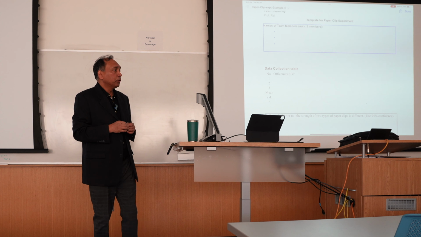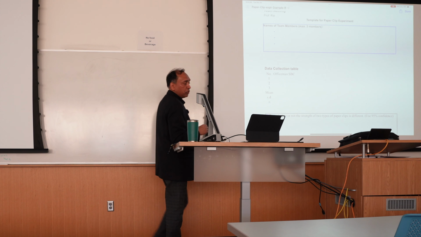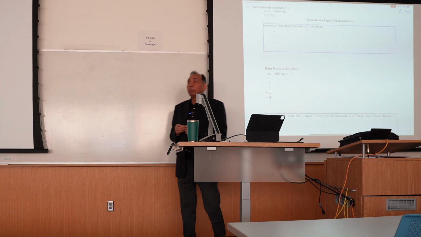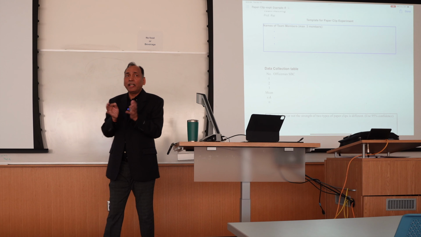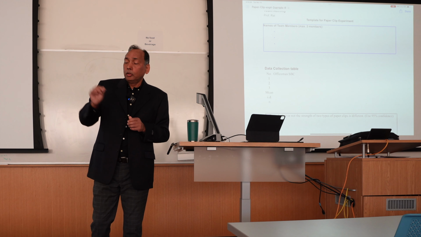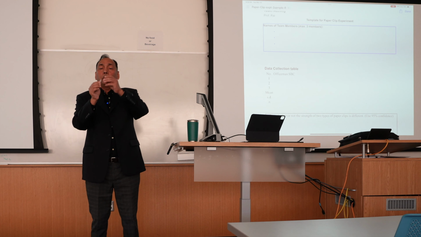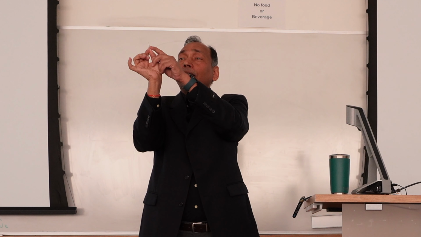So sometimes we have to do accelerated testing. We have to speed up the test by increasing the severity of the conditions. So what we'll do is, you open this to about 90 degrees and count that as 1. Bring it back, count as 2.